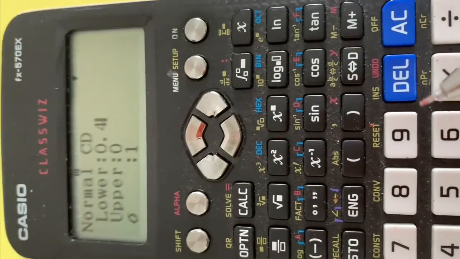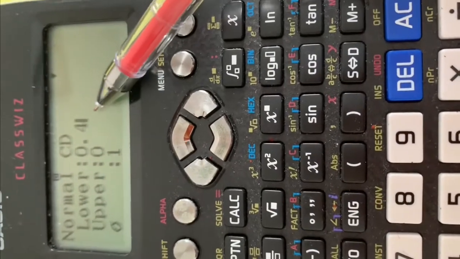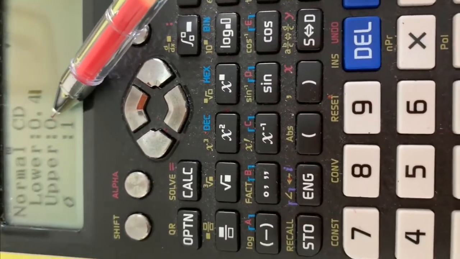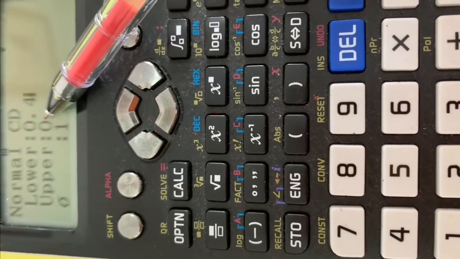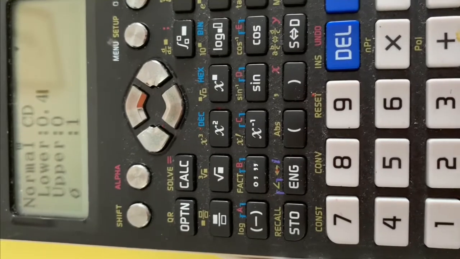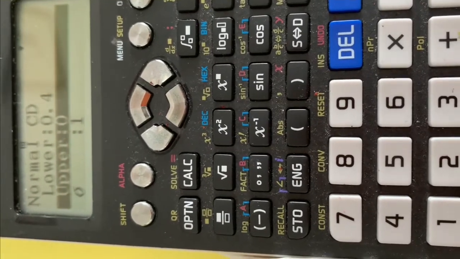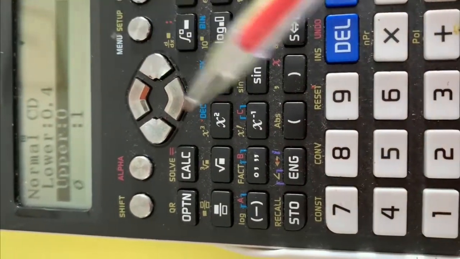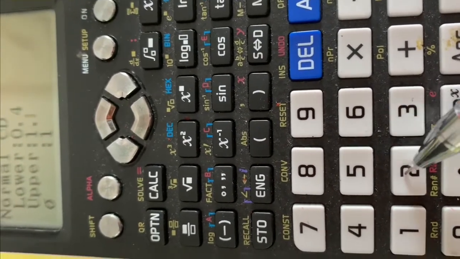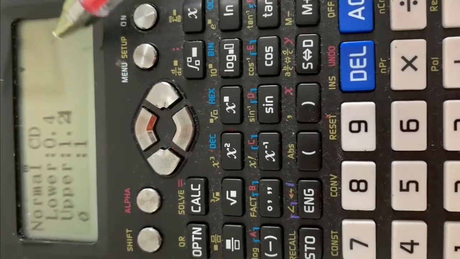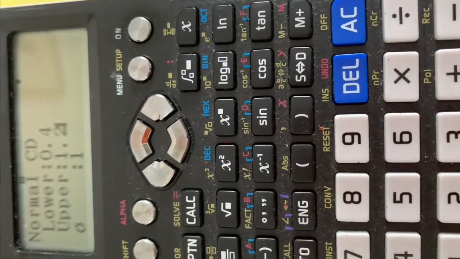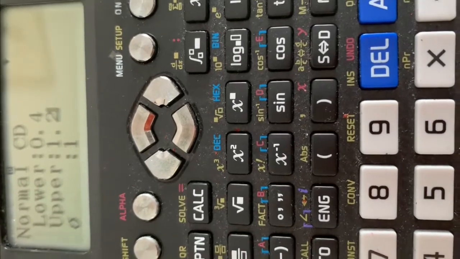So 0.4 is the lower limit. If you have the range from 0.4 to 1.2, 0.4 will be your lower limit and 1.2 will be your upper limit. The bigger one will be the upper limit, the smaller one the lower limit. So we press 1.2, that is the upper limit for the bell shape.